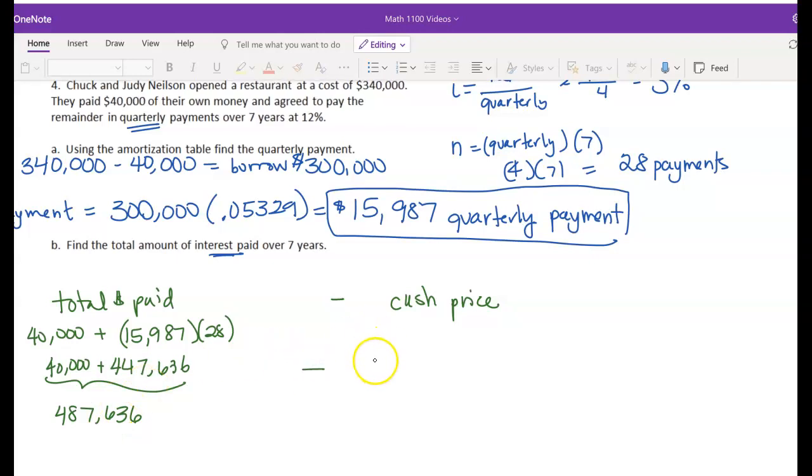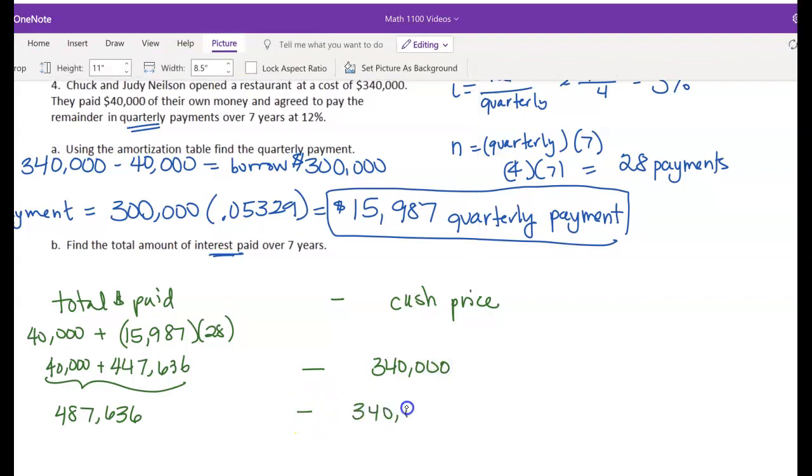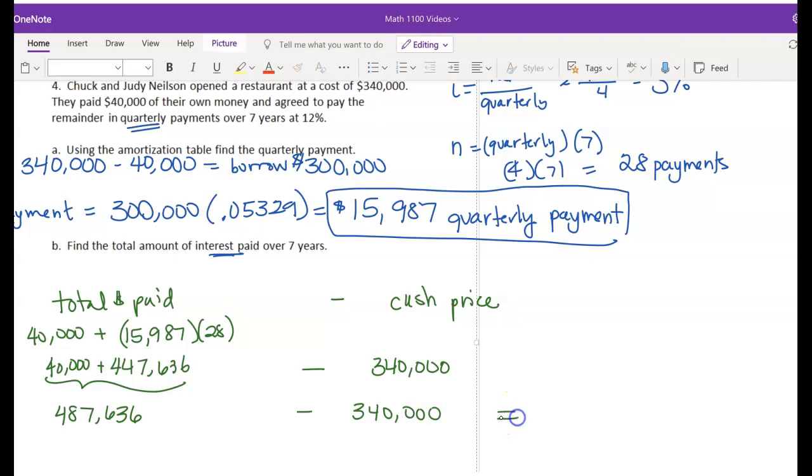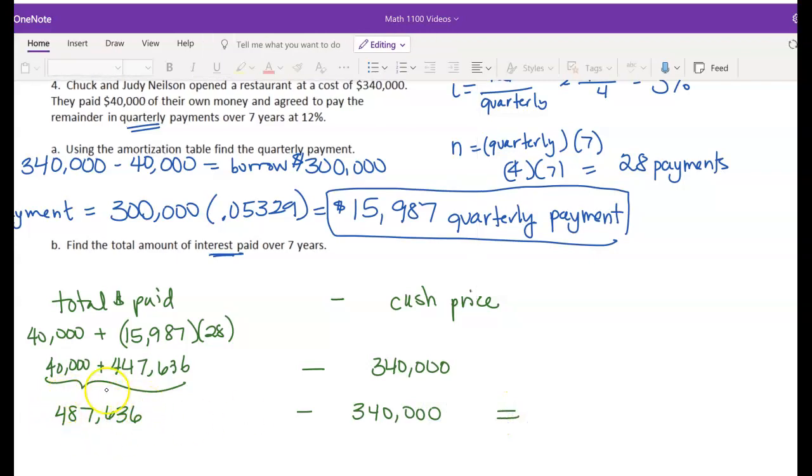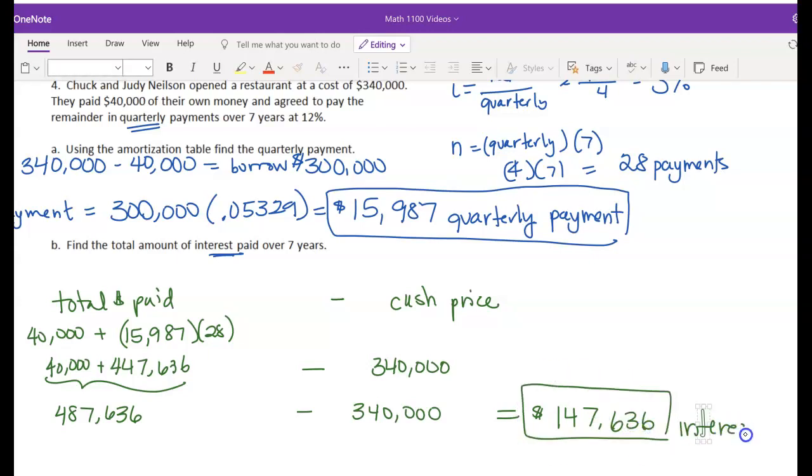Minus the cash price, which was $340,000. And so when we take the total money paid minus the cash price, I get an interest charge of $147,636. That's quite a bit of interest.